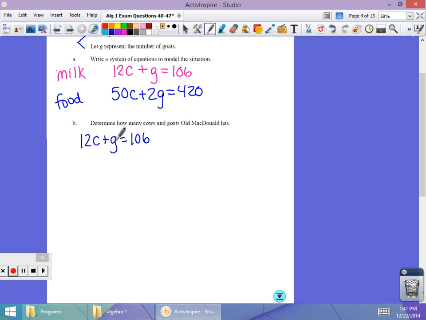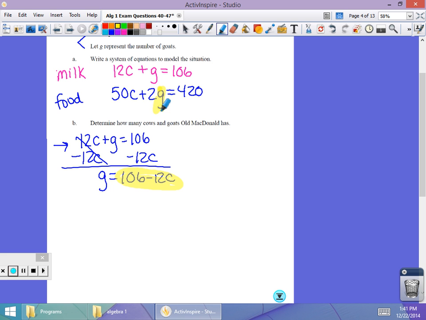So I'm going to solve this equation for G. I'll subtract 12C from both sides, leaving me with G equals 106 minus 12C. Since G is solved for, I'm going to plug all of this in for the G in the second equation.